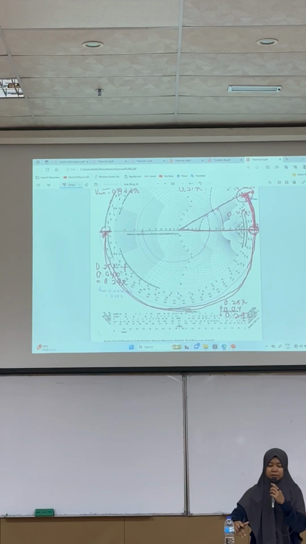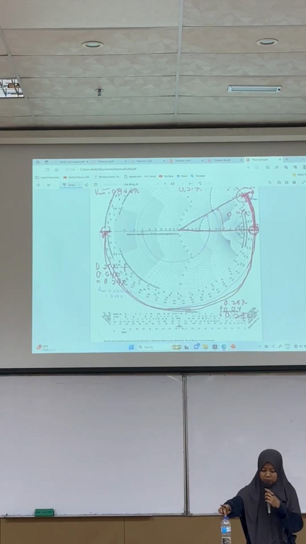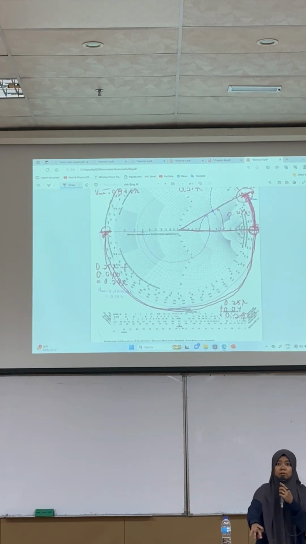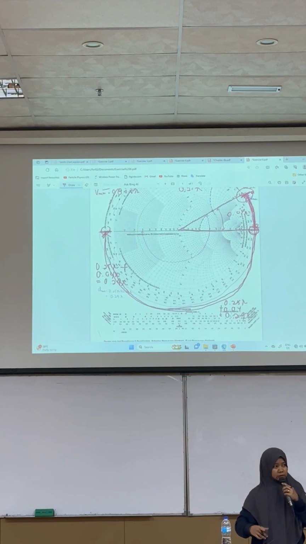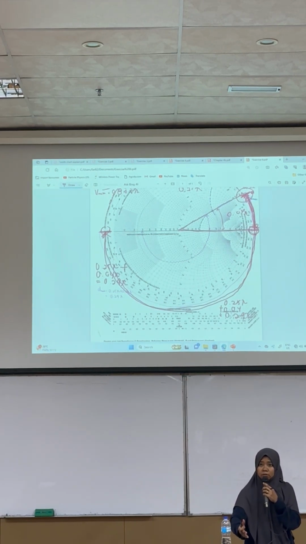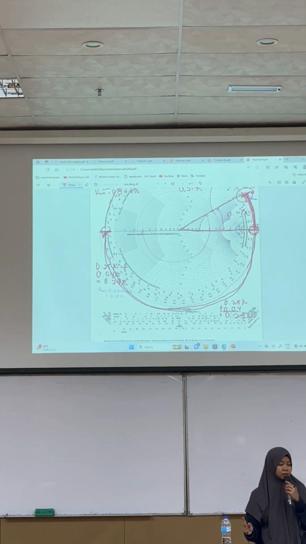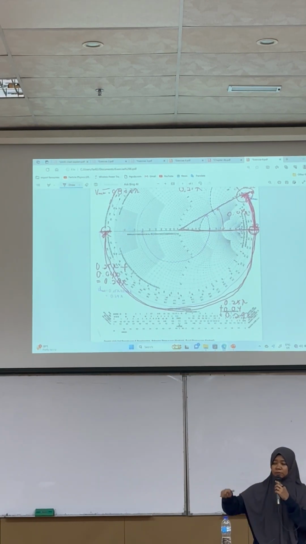So the load is at 0.21 lambda. Where are the locations of Vmax and Vmin? Over here. In general terms, Vmax happens at 0.25 lambda. Minimum happens at 0 or 0.5 lambda. Why 0 or 0.5 lambda? Because one Smith chart is equal to 0.5 lambda. Kita kira one cycle tu macam 0.5 lambda.